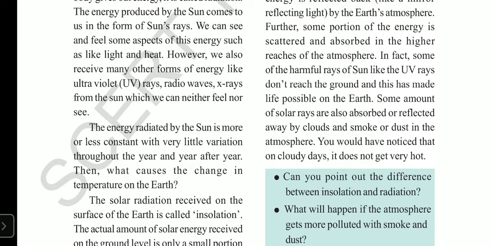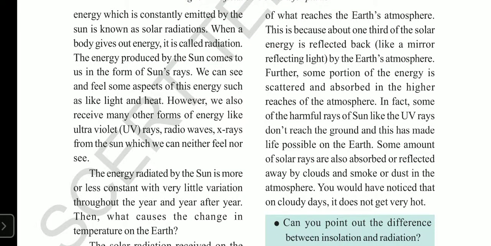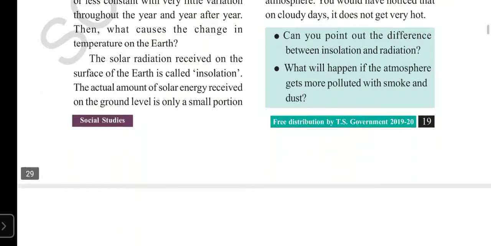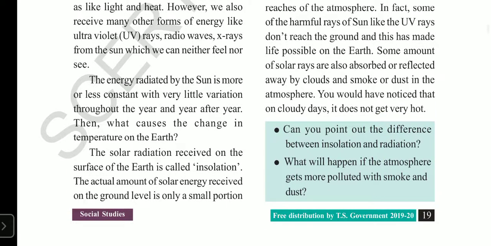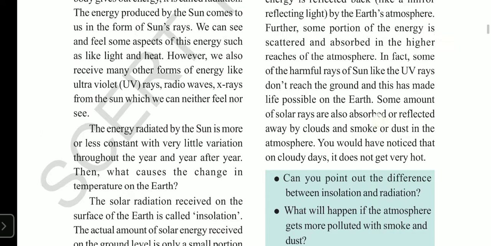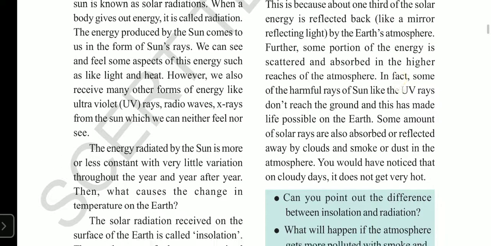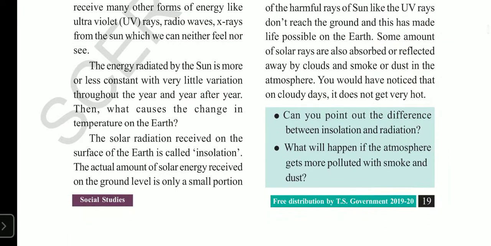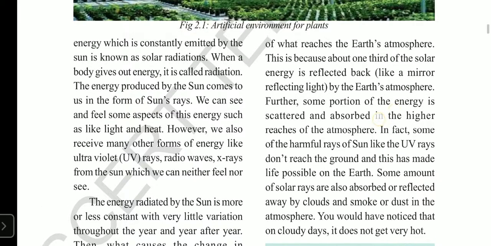The actual amount of solar energy received at ground level is only a small portion of what reaches the Earth's atmosphere. So for example, the solar radiation is 100 percent, but only a small portion of the solar radiation reaches the earth's surface. The actual amount of solar energy received by the earth is very less. Understand?